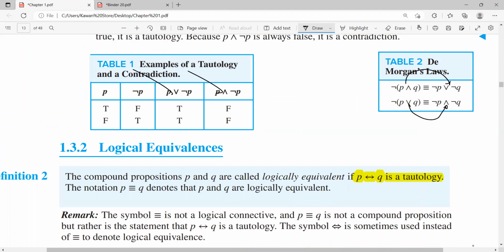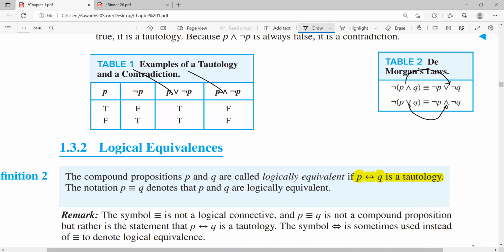What is a tautology called logically equivalent? Two compound statements, P and Q, are logically equivalent if P if and only if Q is a tautology.